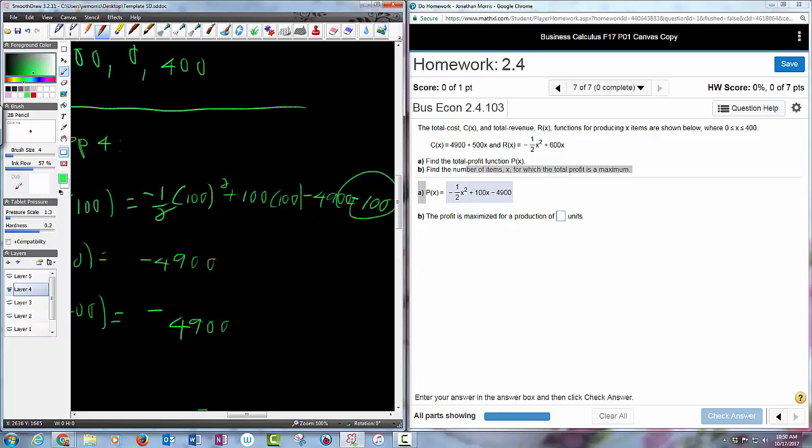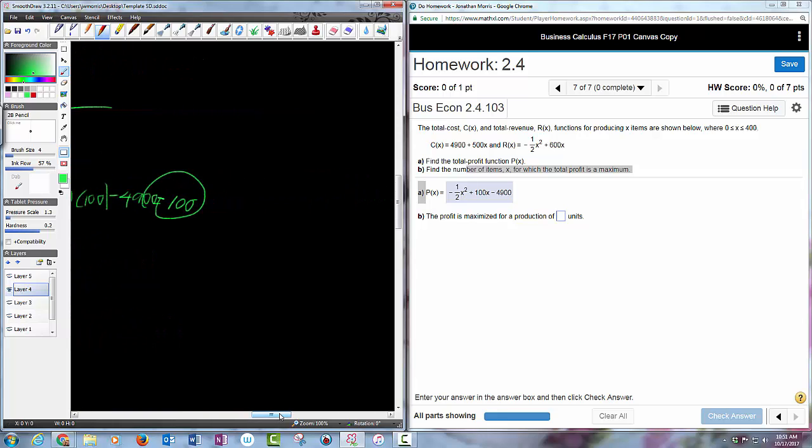And I actually got 100 as the value for P of 100. I plug P of 0 in my calculator. I'm not going to write that out, but I ended up getting negative 4,900, and the same value for P of 400, negative 4,900. And see, I evaluated my critical x value and both of my endpoints. And the highest y value, see what I ended up getting, 100.